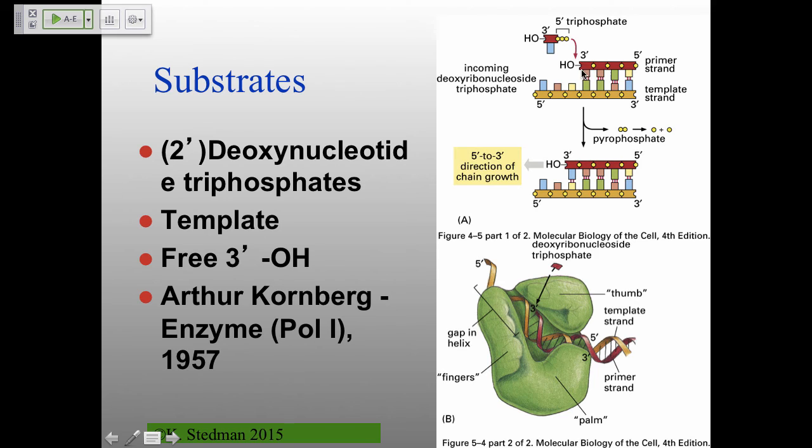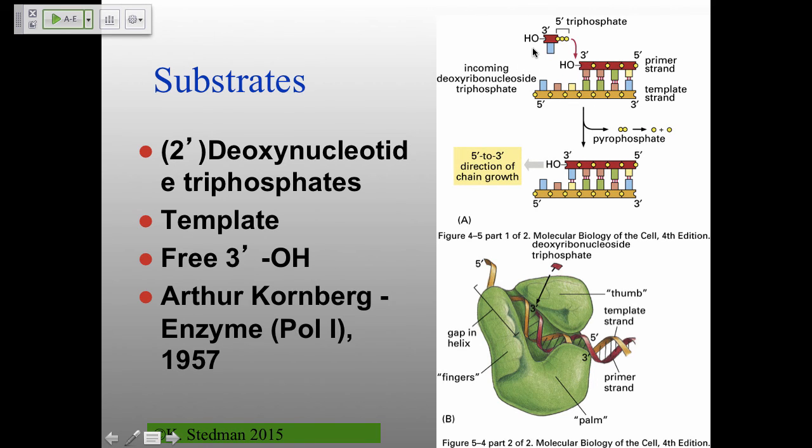So one of the things you'll notice here is that it's adding always to the 3' end. And so people will talk about this. You're continuing here this process. You start at the 5' end, and you're going to the 3' end. So the polymerization process here starts at 5' and goes to 3'. People almost always talk about this as a 5' to 3' polymerase.